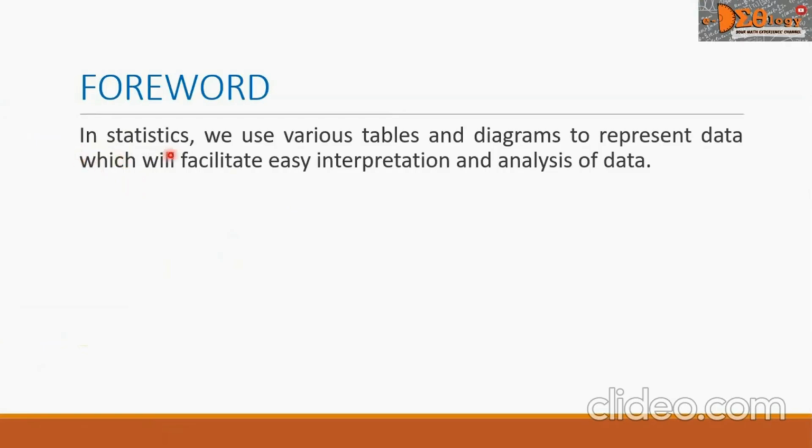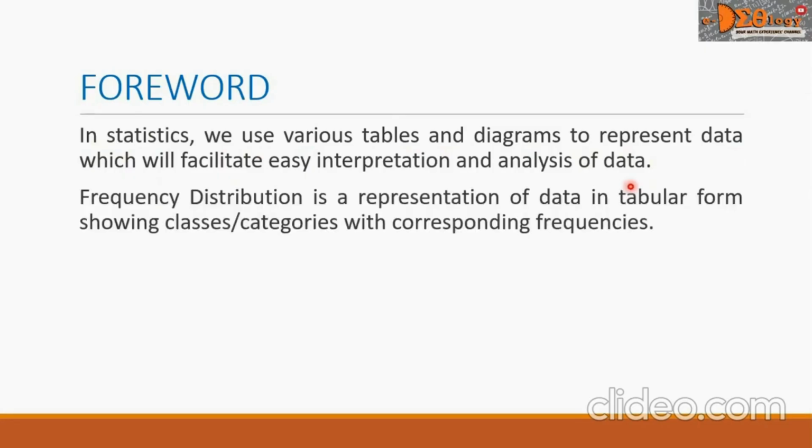In statistics, we use various tables and diagrams to represent data, which will facilitate easy interpretation and analysis of data. Frequency distribution is a representation of data in tabular form, showing classes or categories with corresponding frequencies.